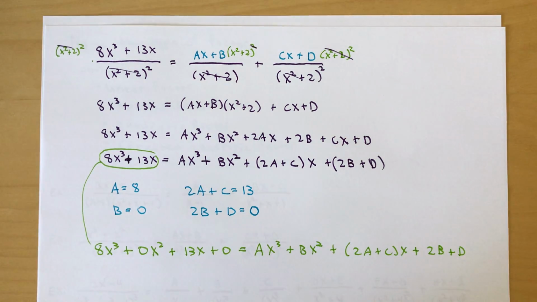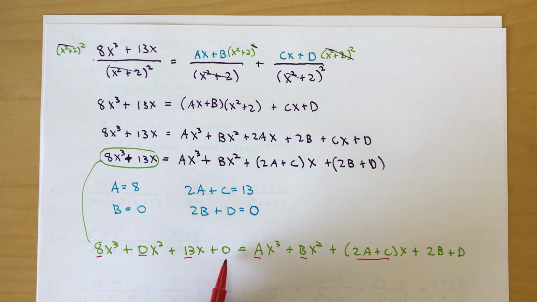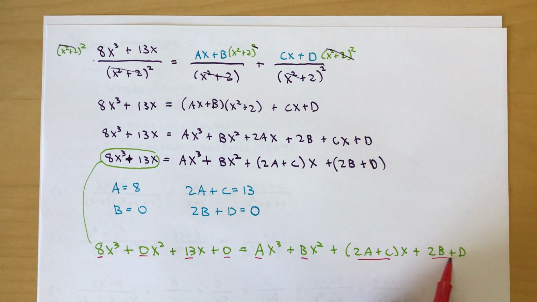And then the 8 must equal a, the 0 must equal b, the 13 equals 2a plus c, and the 2b plus d equals 0. And then that's enough to solve for these missing values here.